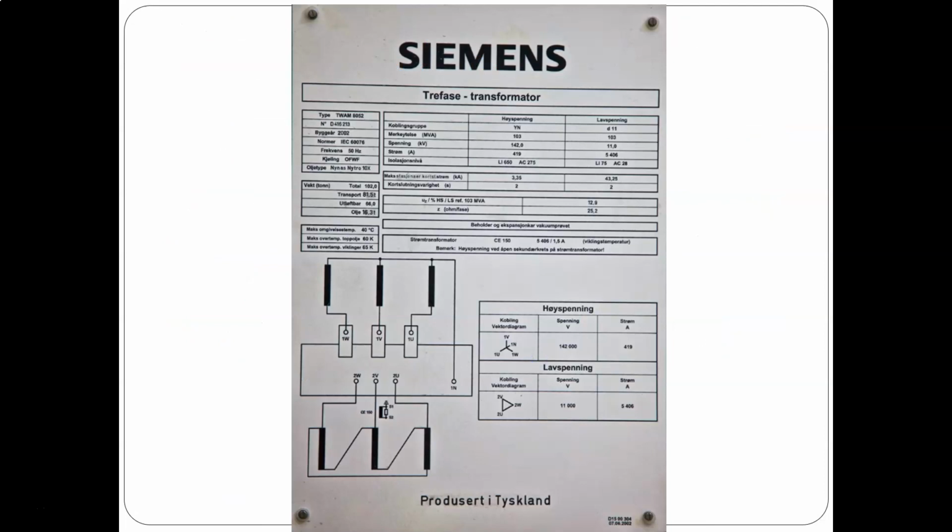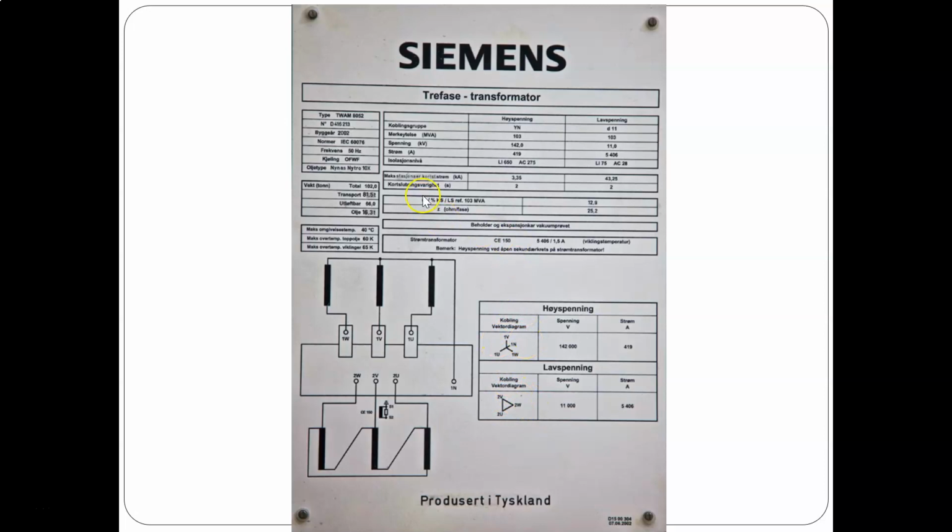Here's an example of one transformer from Siemens, located at a generator called Åbjøra. It's a three-phase transformer, and on the high voltage side, høyspenning, it's 142 kV, and the low voltage is 11 kV. It's a delta connection here and a Y connection.